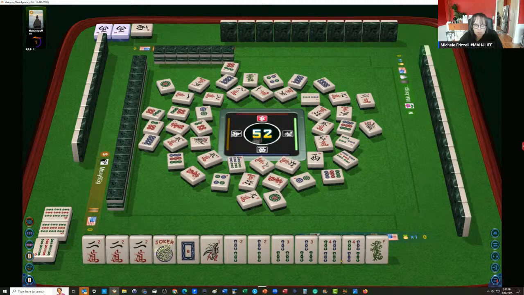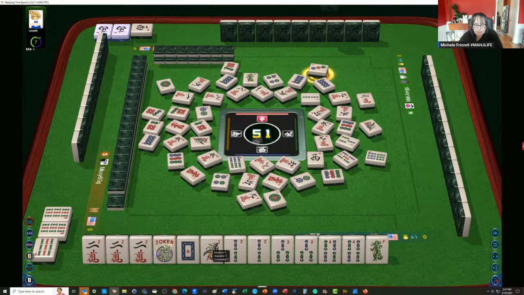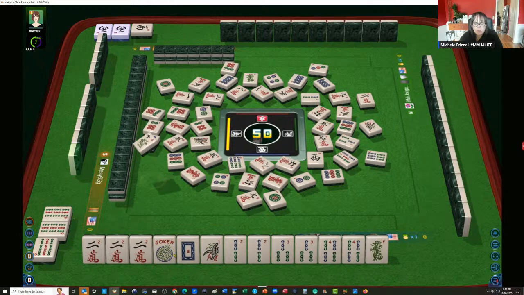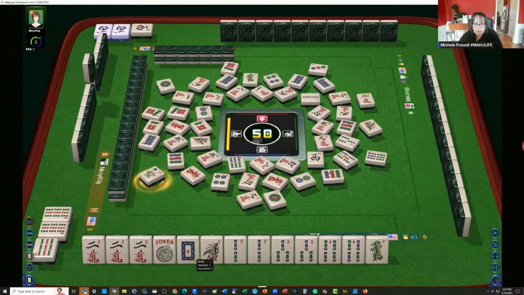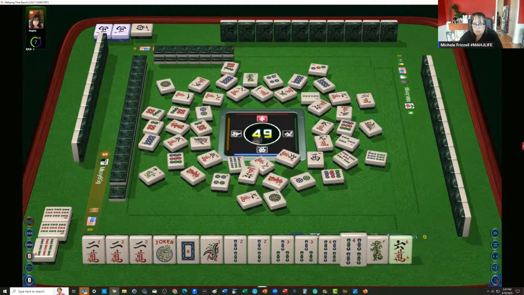Green dragon. 1, 2, 3, 4. 6 bamboos. 3 dots. 1 bam. 2 crack. Pung. Dragon. Flower. There are no white dragons out. That's concerning.